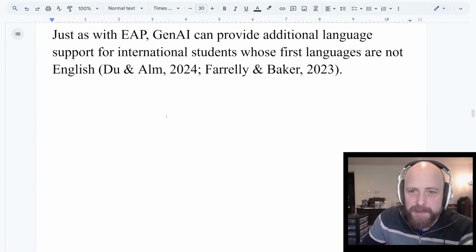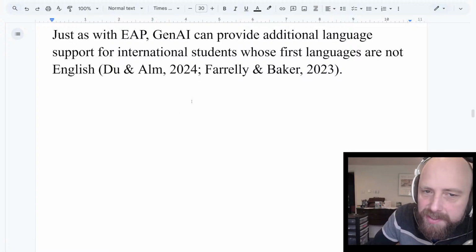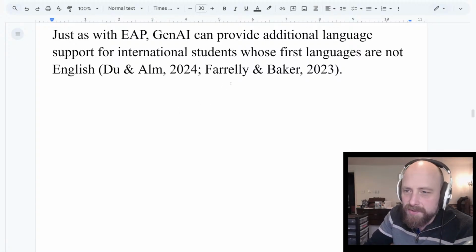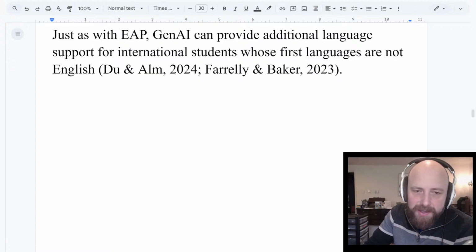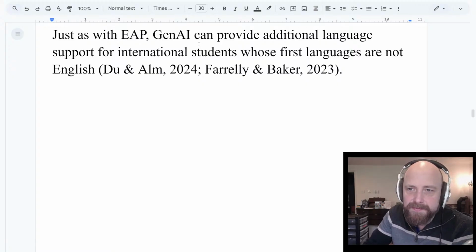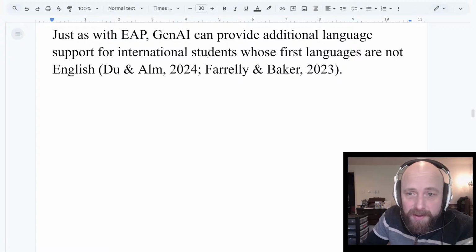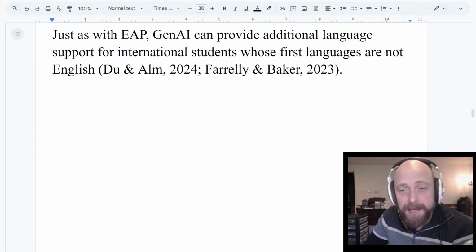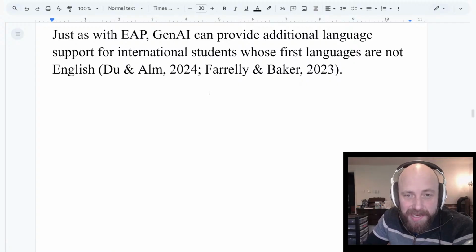Just as with EAP, GenAI can provide additional language support for international students whose first languages are not English. So EAP provides support for international students, and also GenAI provides additional language support for international students.